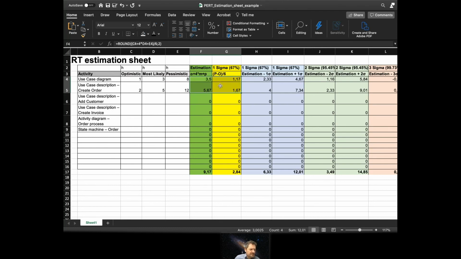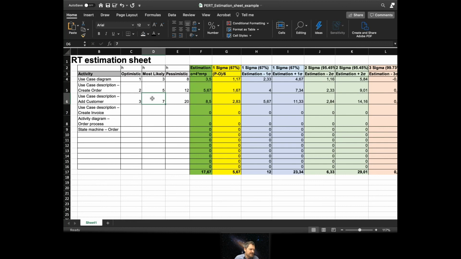Or you can also consider taking the confidence of the sigma, the standard deviation, into account, and play around with these ranges if there is some kind of uncertainty in your project. This is nice because you can play around with these values and see what is happening.